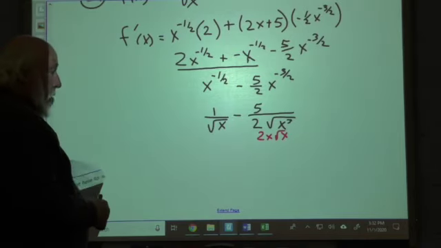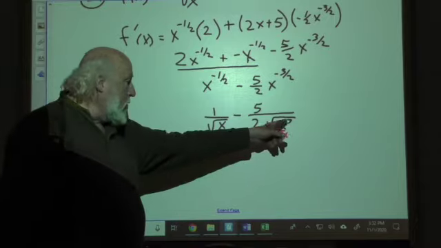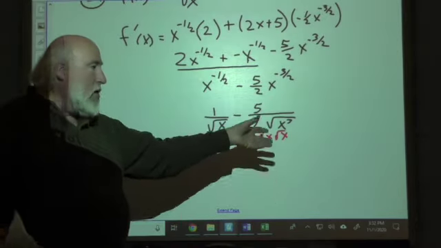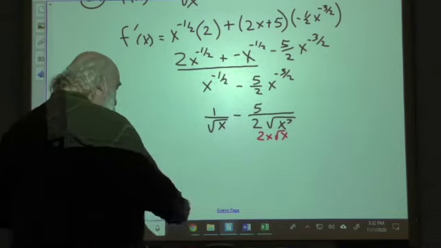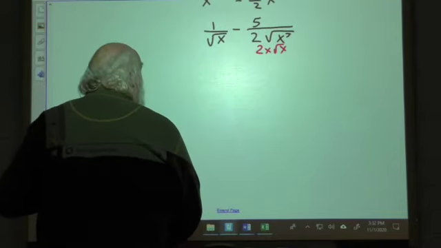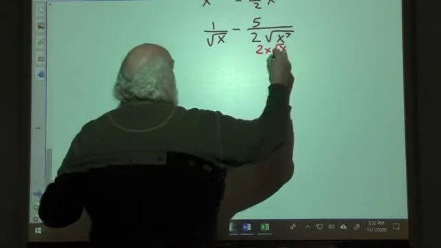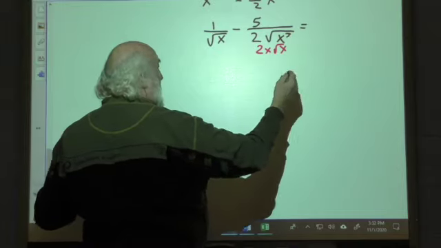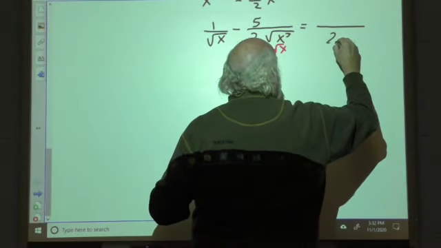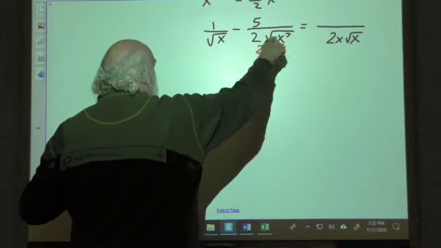Okay, so, the reason why you do that is that's a 3 there, and for every 2 x's you have in there, you take 1 out and leave 1 behind. So that's where we get that answer from. So, now we need a lowest common denominator here, which is going to be 2x square root of x, because this square root of x is found completely in this.